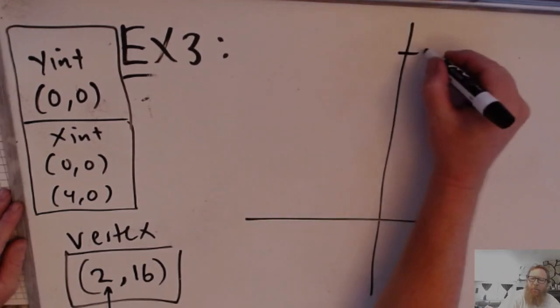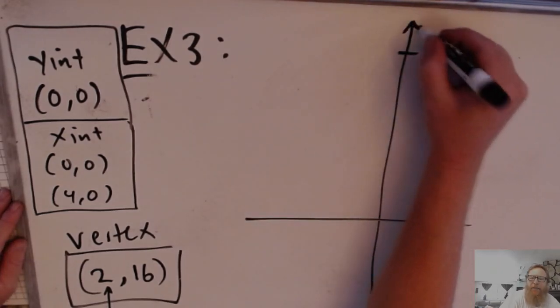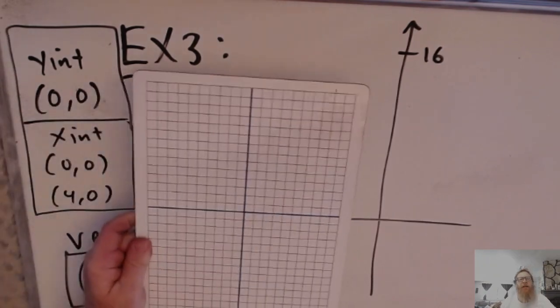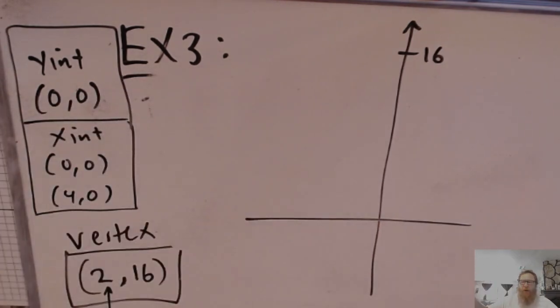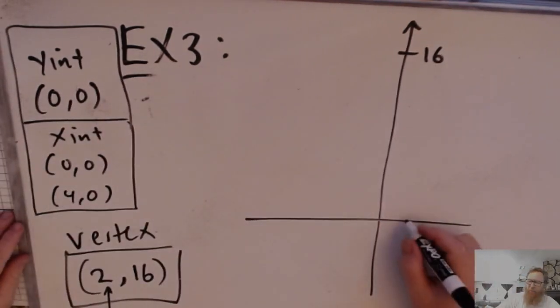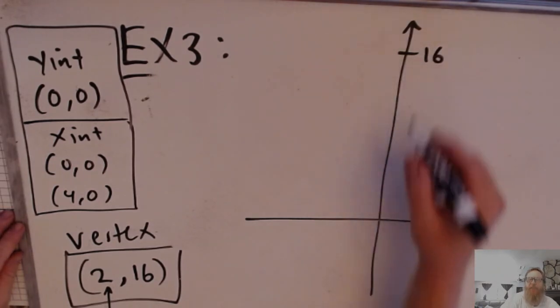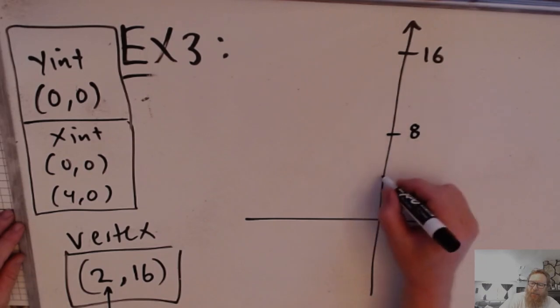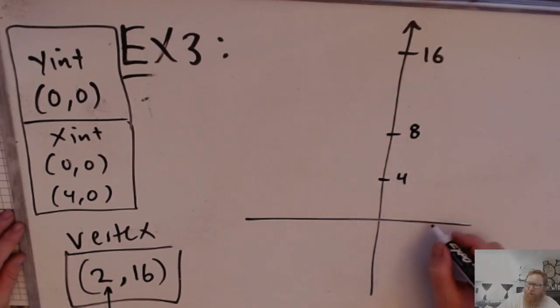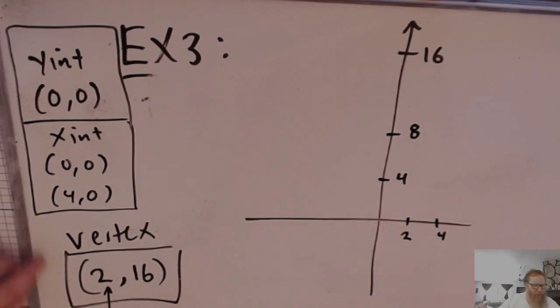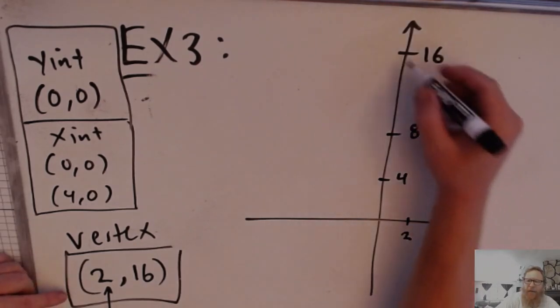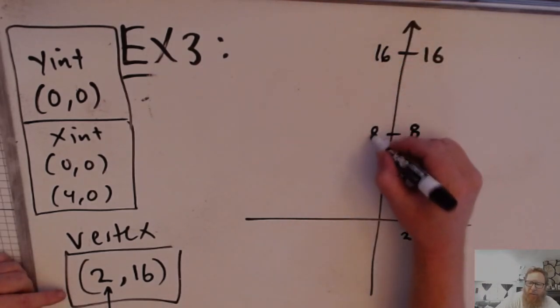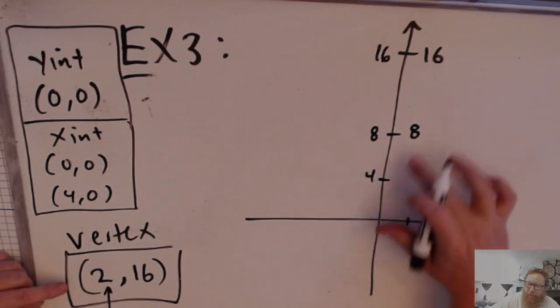I'm just going to put a mark and call that 16. I was going to try to use this, but it looks like I only have 10 squares. So what's the point in using the graph board? So that's going to be 16. We'll call that 8. We'll call that 4. We'll call that 2. So we have 2 and 16. I changed my mind. I want to put my numbers on that side.